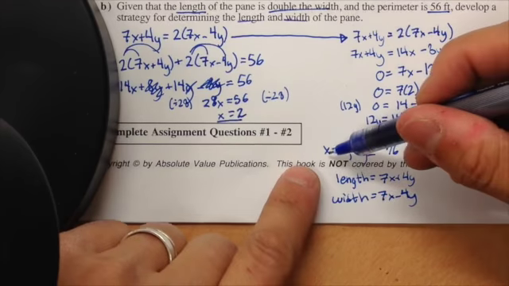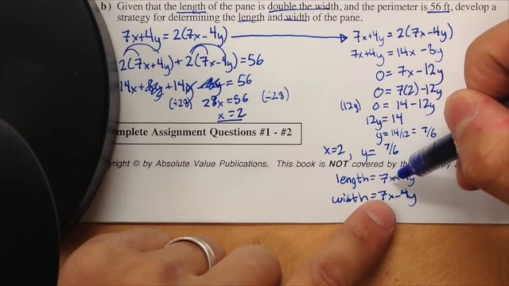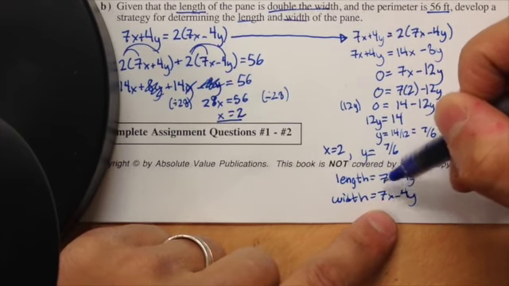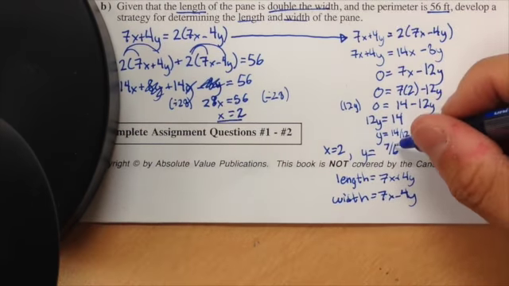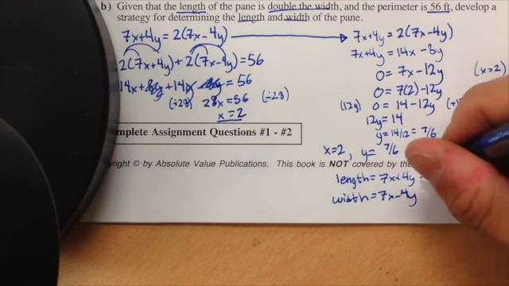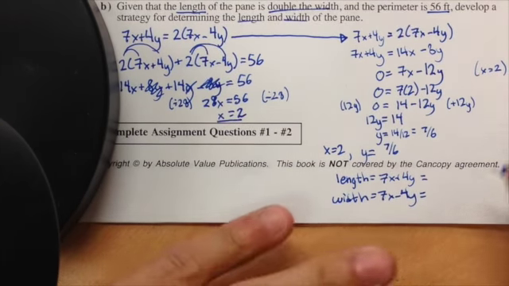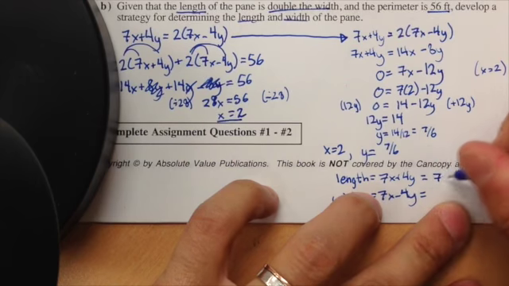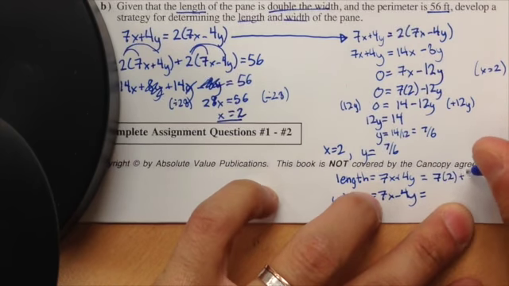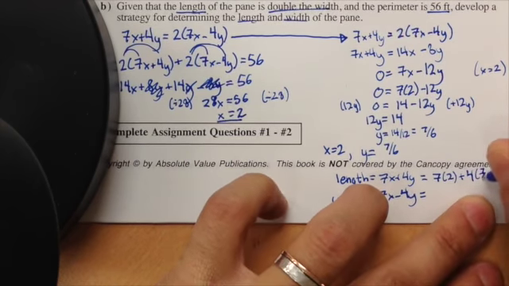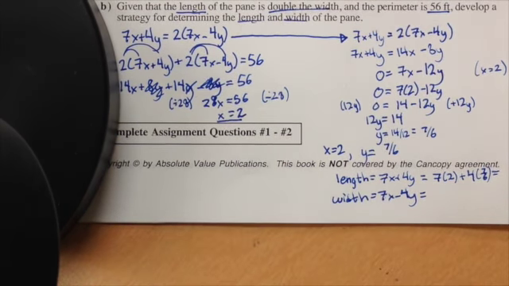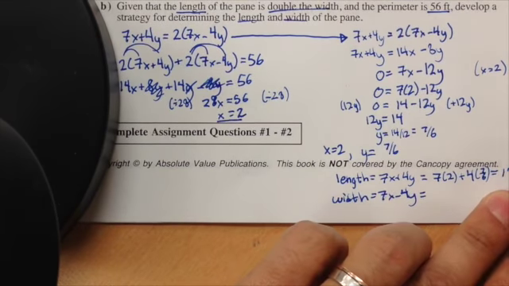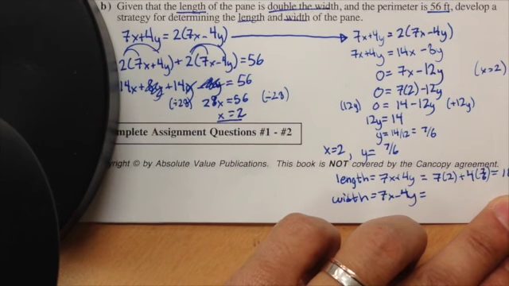So plug 2 in for x and 7 over 6 in for y. You get 7 times 2 plus 4 times 7 over 6, and if you type that in your calculator, you will get 18 and 2/3 feet.